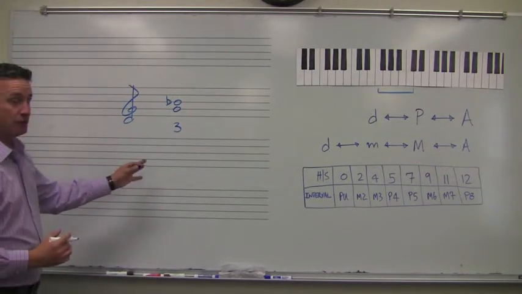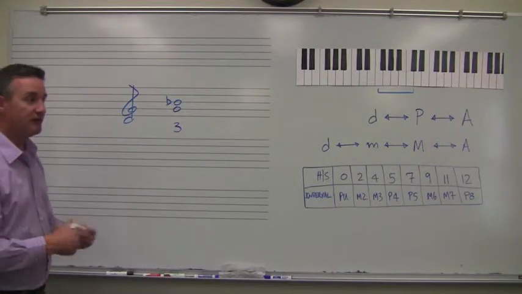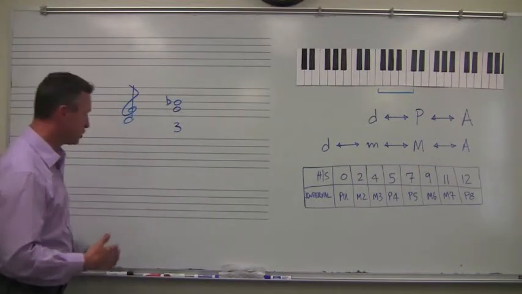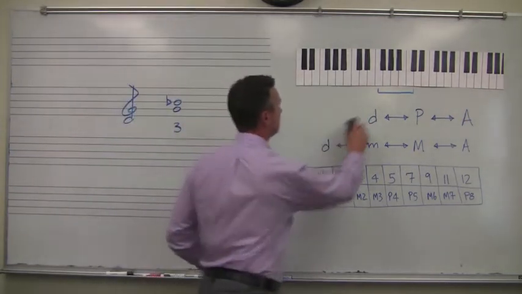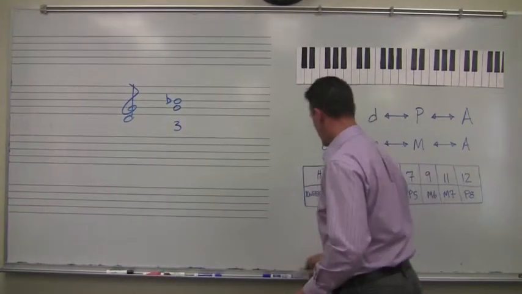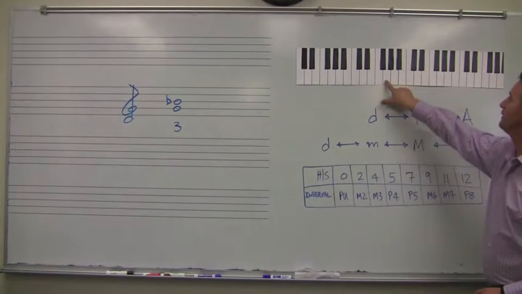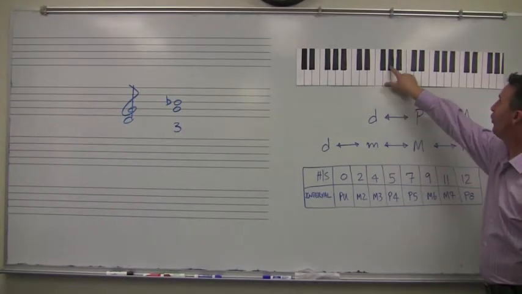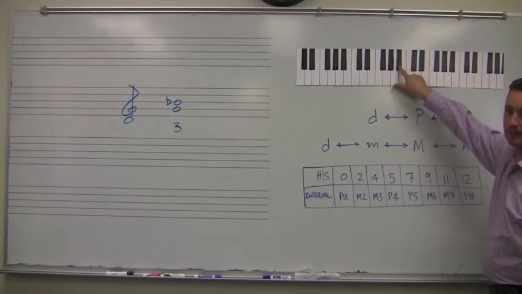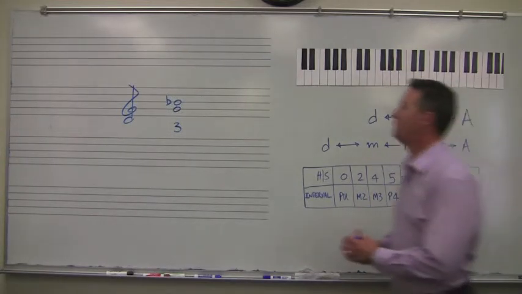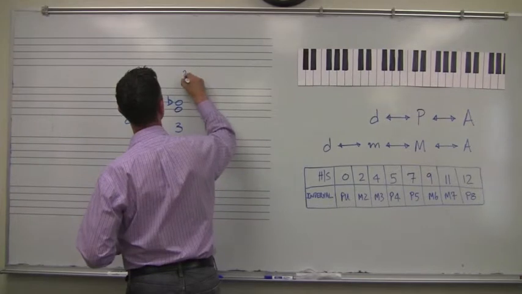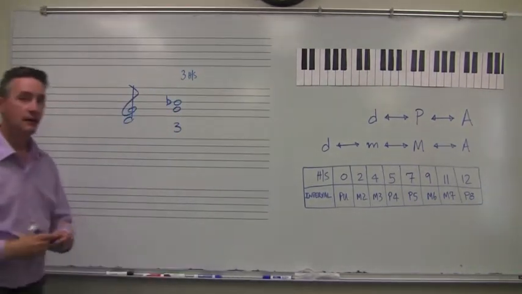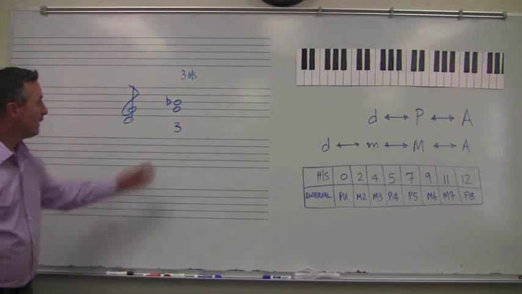I know that much. I then say to myself, I need to count the number of half steps. How many half steps between G and B flat? If I locate G on the keyboard, and now I'm going to count half steps until I get to B flat. 1, 2, 3. 3 half steps. Now I say to myself, I know a third.